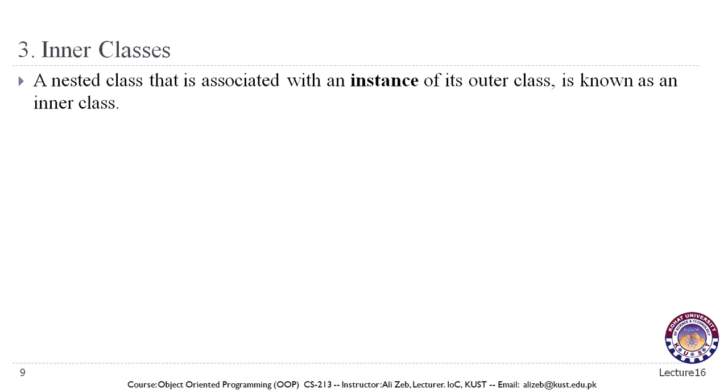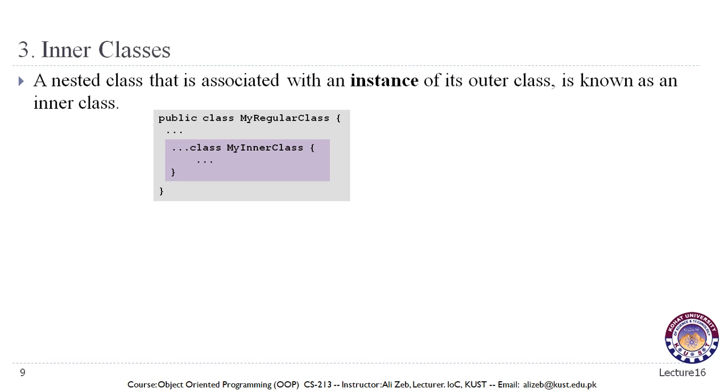A nested class that is associated with an instance of its outer class is known as an inner class. So the non-static nested classes can be called inner classes. The syntax of an inner class is public class.